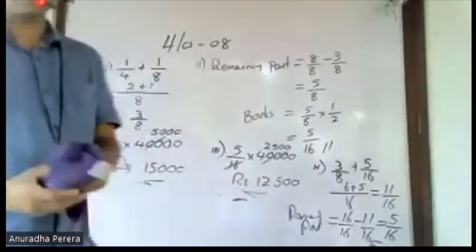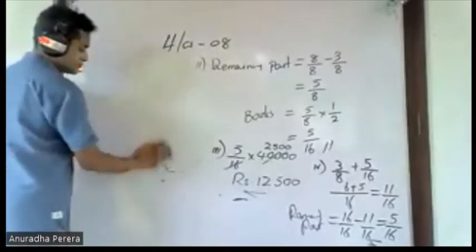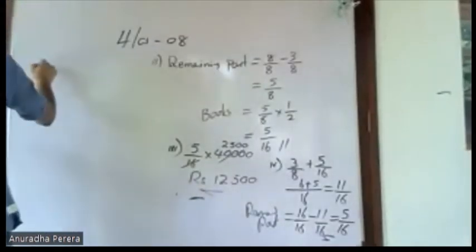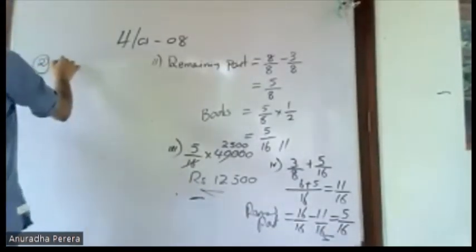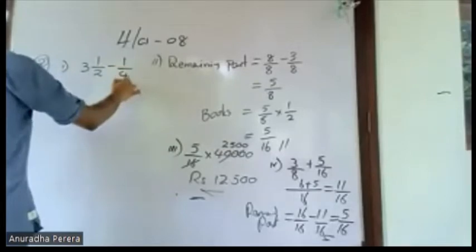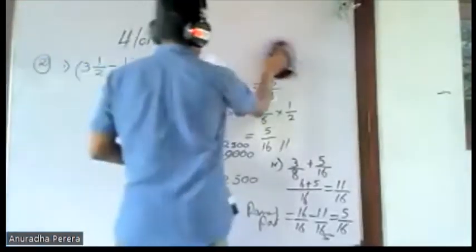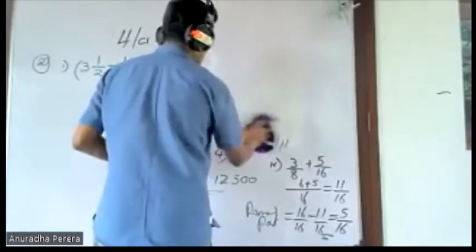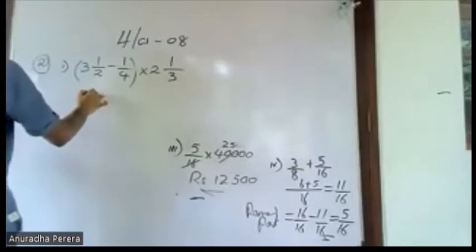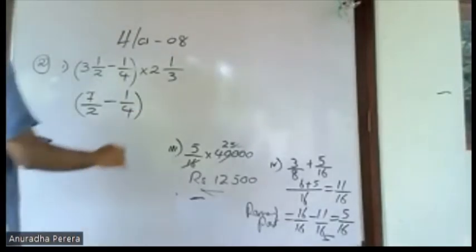Second question. Three 1/2 into 2 1/3. Seven over 2 minus 1/4. 7/3.